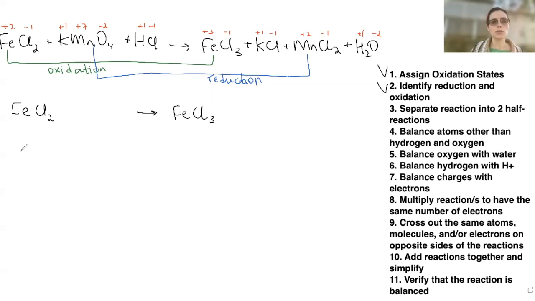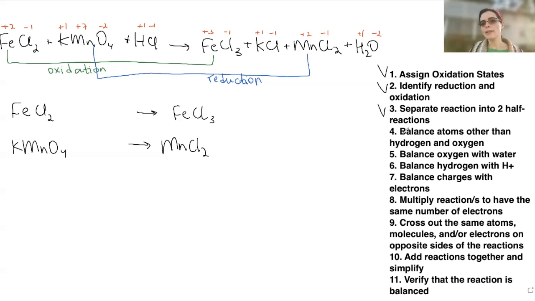So this is our first one, and then the second one is this one on this side, and then manganese chloride on the other side. Okay, so we did that.